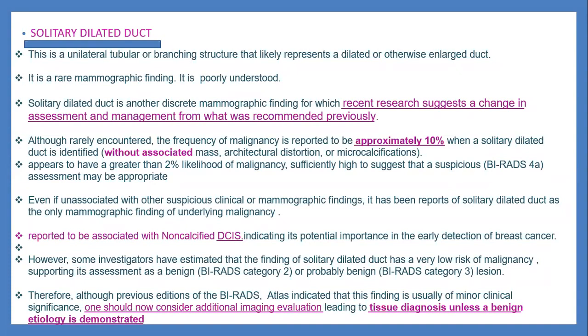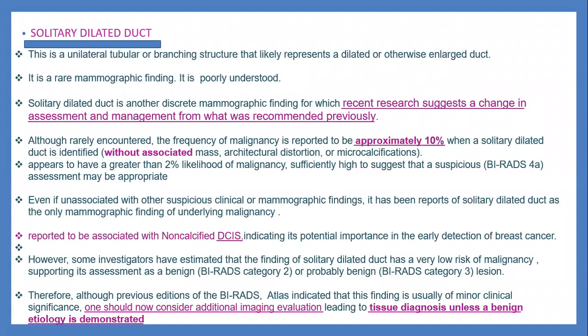So the likelihood of malignancy is greater than 2, greater than 2, it will be above BI-RADS 3. So sufficiently high to suggest a suspicious BI-RADS 4 assessment as appropriate.